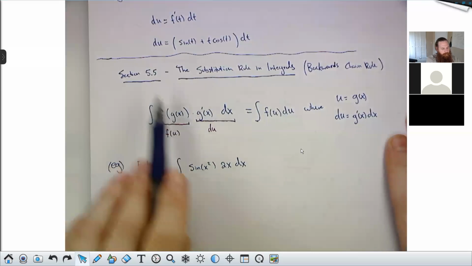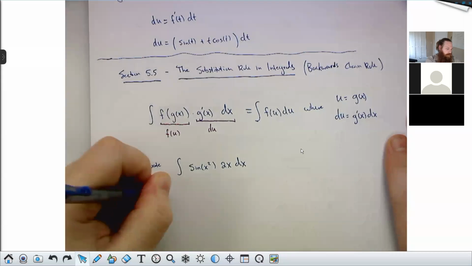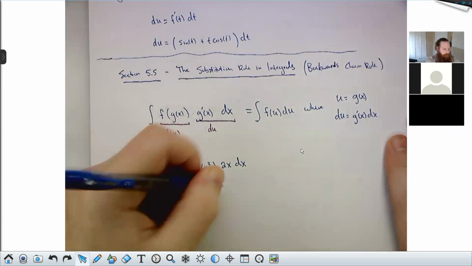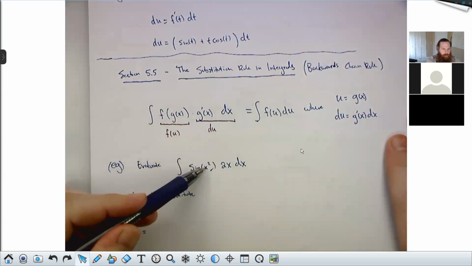the way we make this go is we choose to make the substitution. We choose to substitute u equals x squared, because I want to get rid of the x squared inside here.